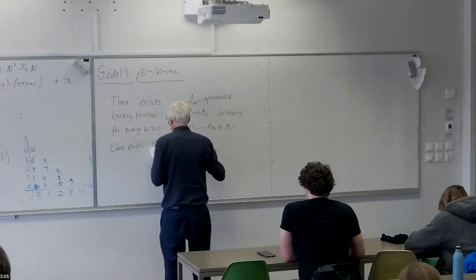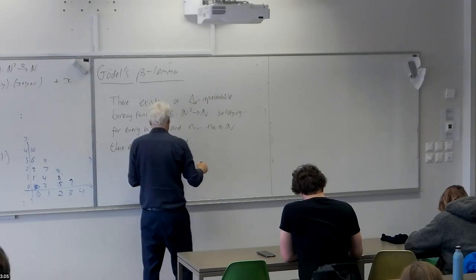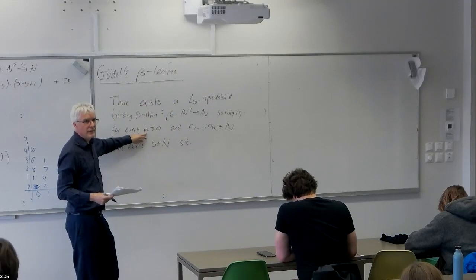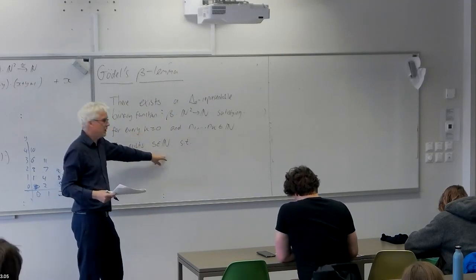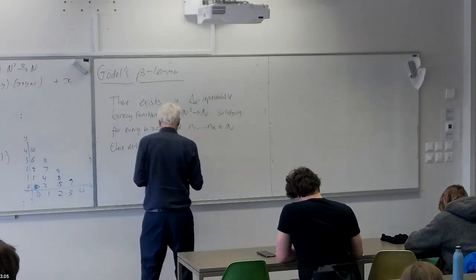Encoding the representation of the finite sequence n1 through to nk, such that, and the point is, all we need to be able to do is extract the elements of the sequence, the n1 through to nk, from s. That's the important thing we need to be able to do.